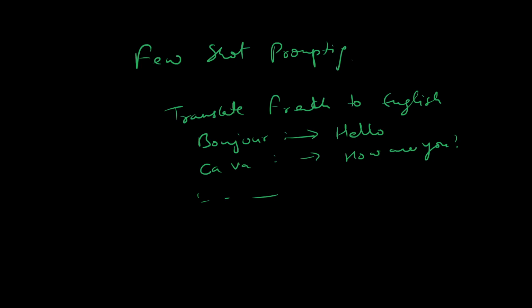Then comes chain of thought prompting, and we call it COT as well. Now let's take it up one notch. Some problems are not just output based; they need reasoning, and that's where chain of thought prompting shines. Here we ask the model to explain its reasoning step by step before giving the final answer.